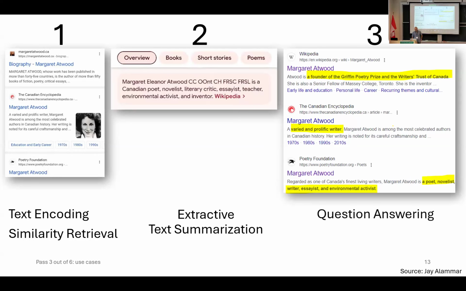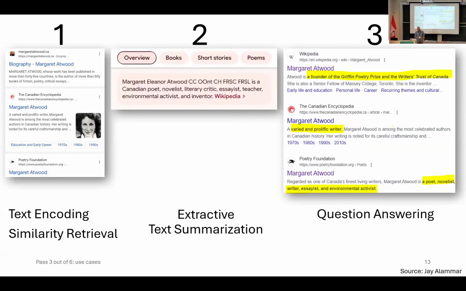And item 3 is essentially question answering. My search query was who is Margaret Atwood, which is a question, and BERT was used to highlight a part of each of these catch text that could be a relevant answer to my question.